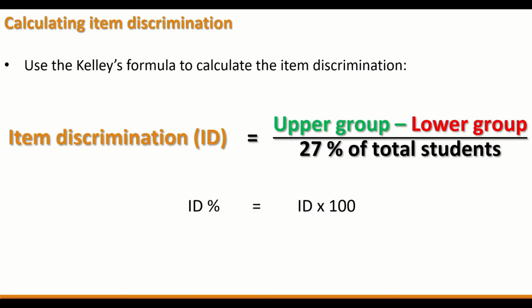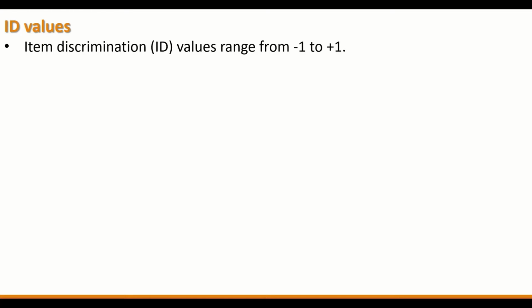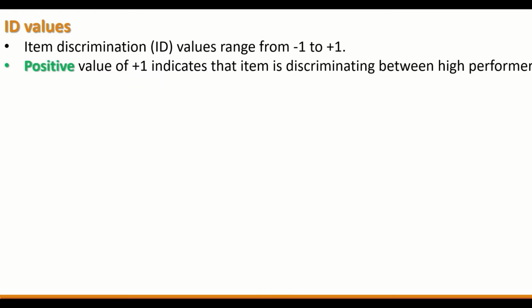An ID percentage can also be calculated by multiplying the ID product by 100. Now, the item discrimination values range from -1 to +1 based on Kelley's equation. The outcome of the calculation has a range of -1 to +1.